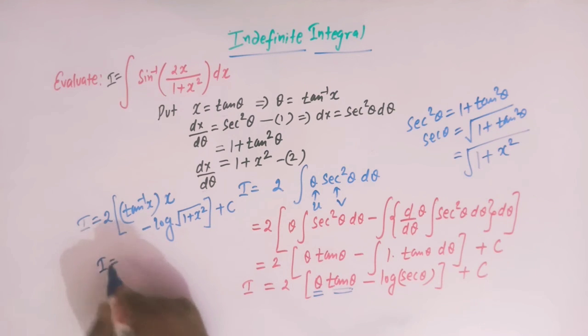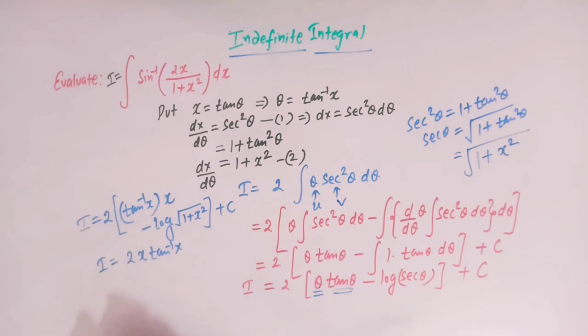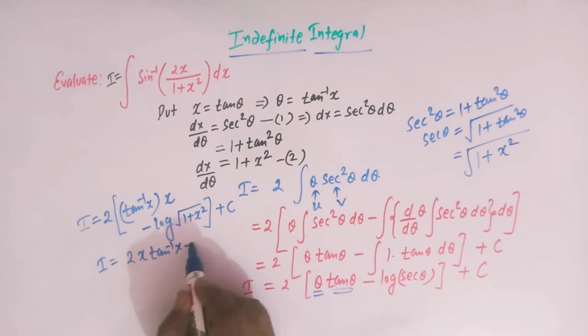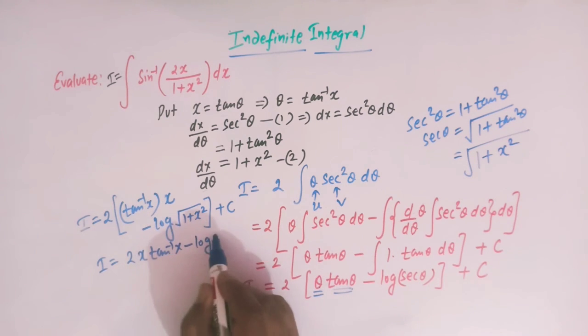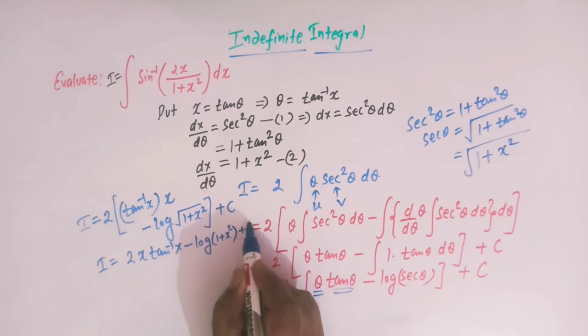Now if we multiply these two terms by 2, then we have 2x tan inverse x minus log of 1 plus x square plus c.